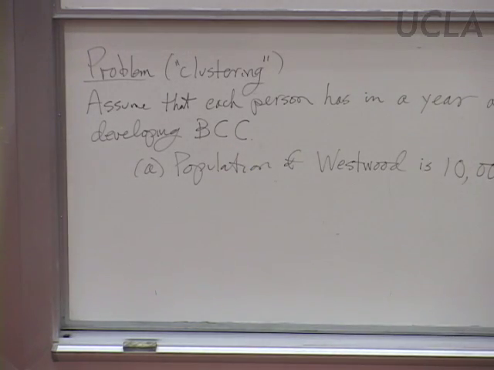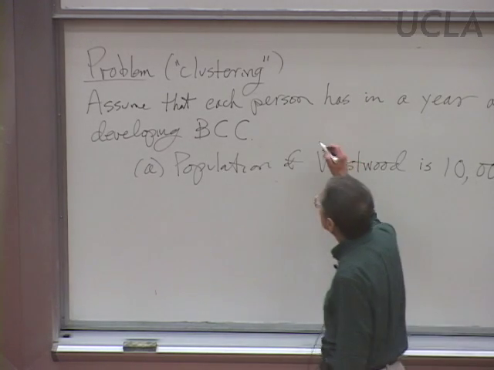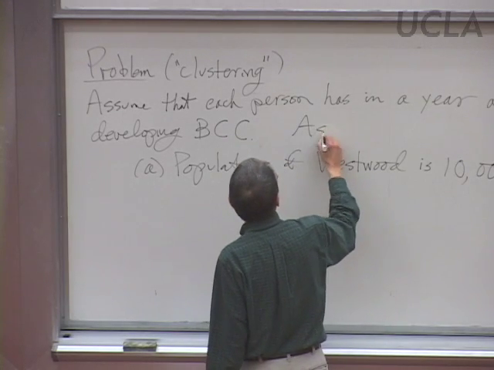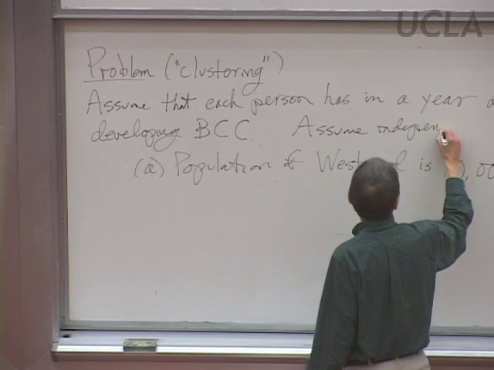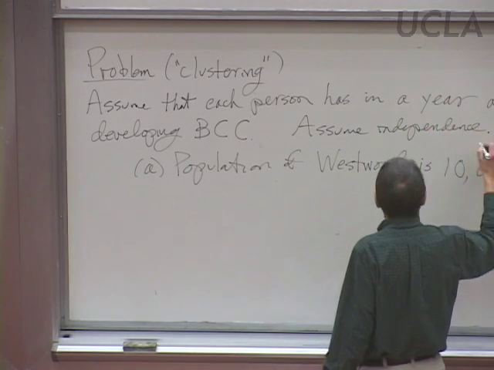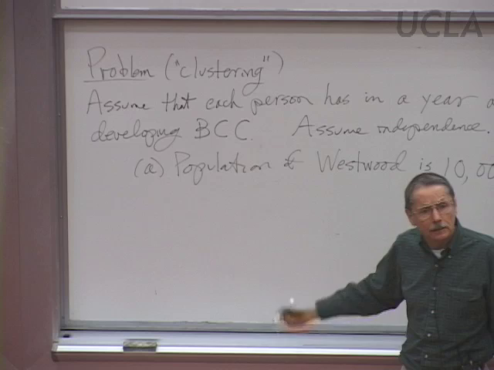Well, we figure that in the coming year, some of these 10,000 people may develop basal cell carcinoma. How many? Well, it's reasonable to assume independence from person to person.